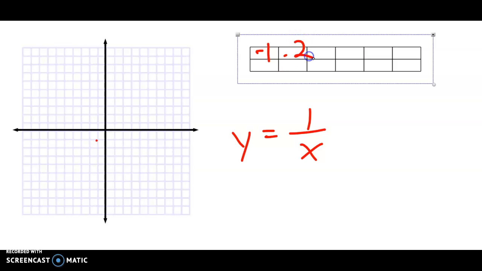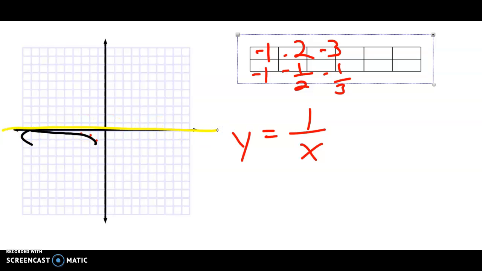If I put a -2 in there, that's going to give me a -1/2. If I put a -3 in, it's going to give me a -1/3. So you can see it's doing exactly the same thing. It's going to continue to get closer and closer and closer to the asymptote, but not intersecting it. So that would be our asymptote.